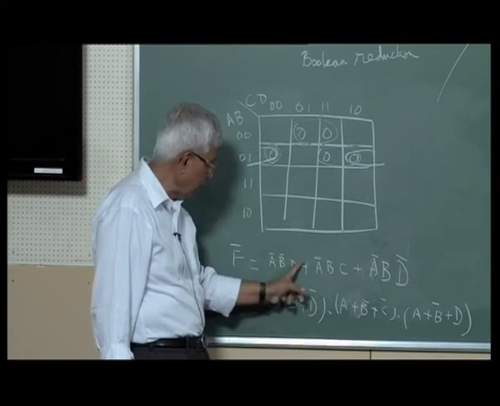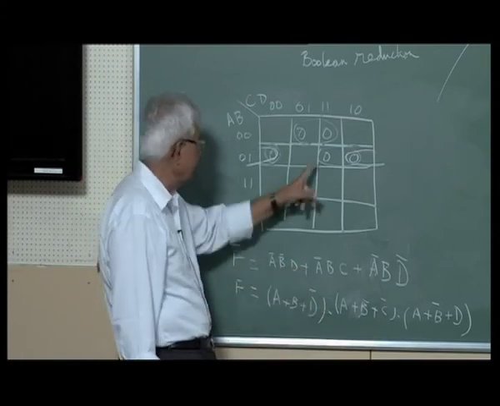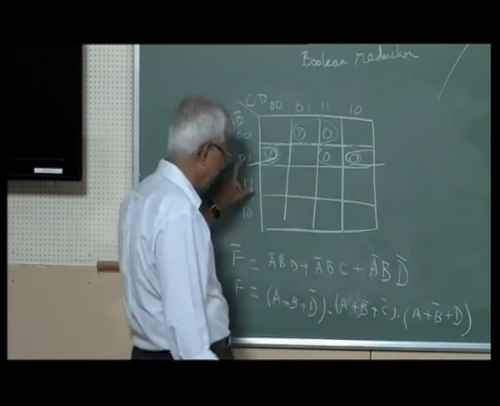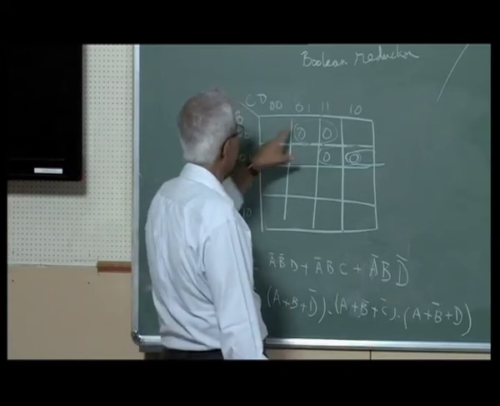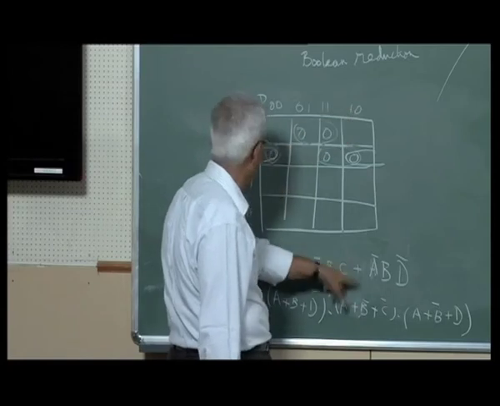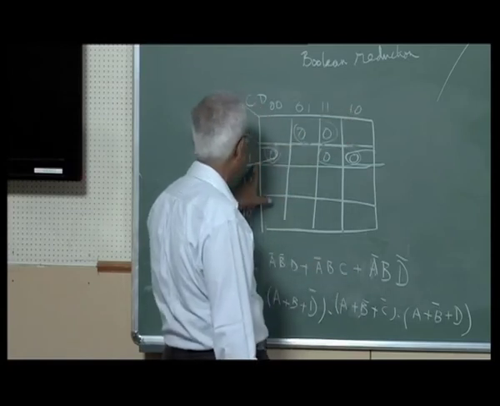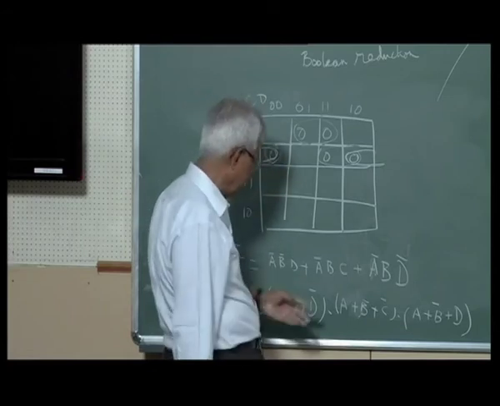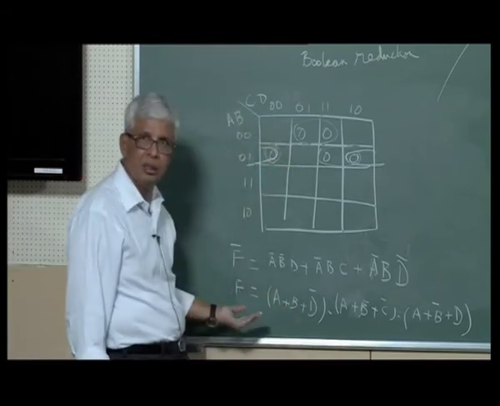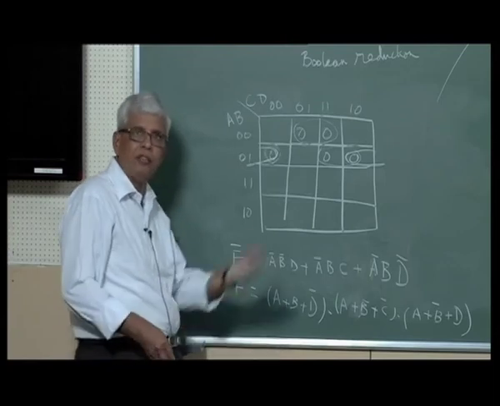Then instead of or here, I will put an and here and use this as A, B bar, C bar. This one will be A, B bar, D. Now I can simplify this and get that form.